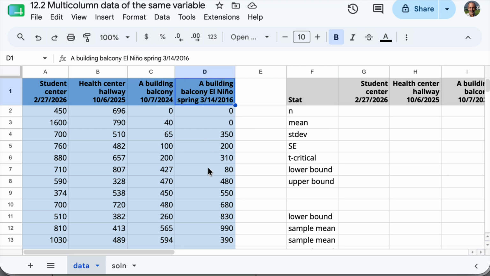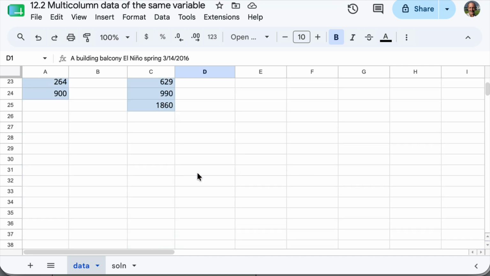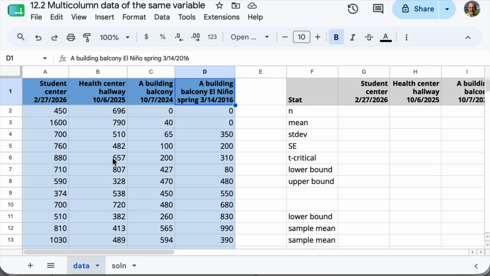And column D are paper aircraft flight distances in March of 2016, when an El Nino had shifted the way the wind works at that building. We'll be looking to see if these come from the same sample or different samples.